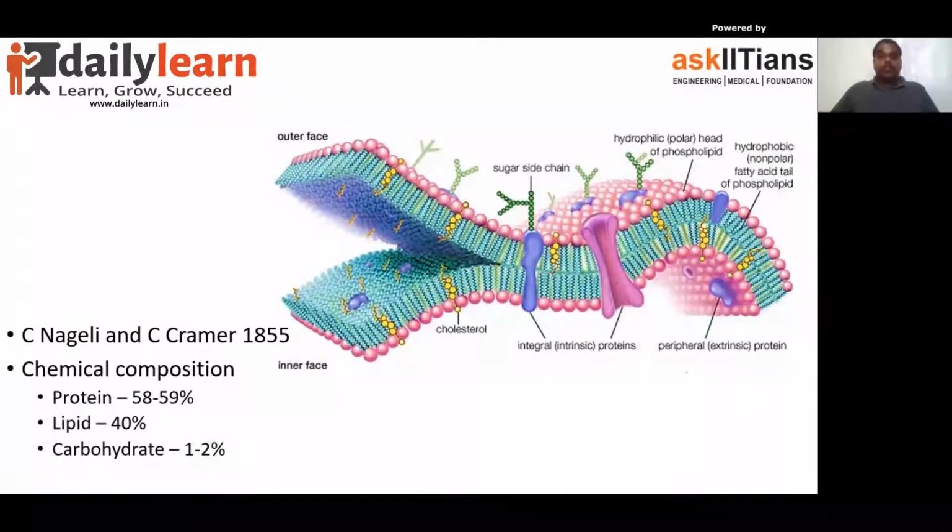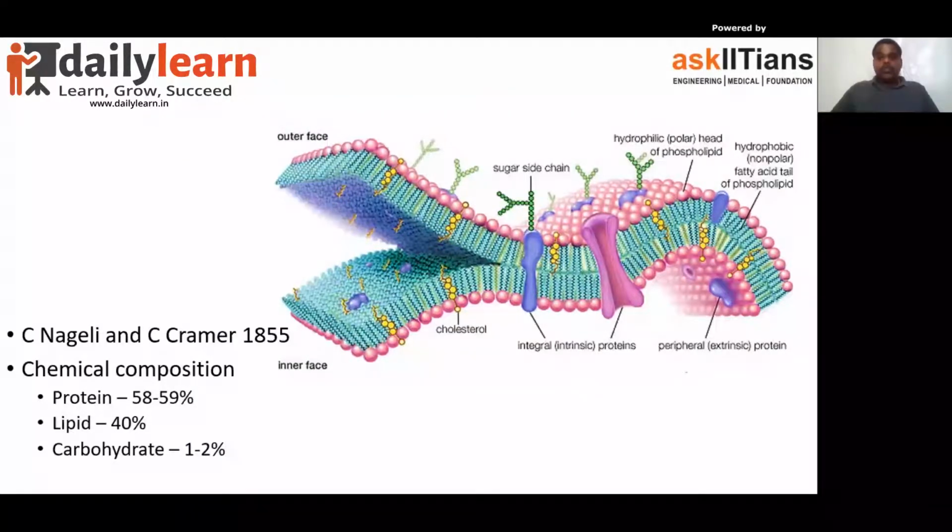The chemical composition of plasma membrane involves lipid and protein. There are two different substances, right? The percentage of protein in the plasma membrane is 58 to 59%, and the percentage of lipids is 40%.